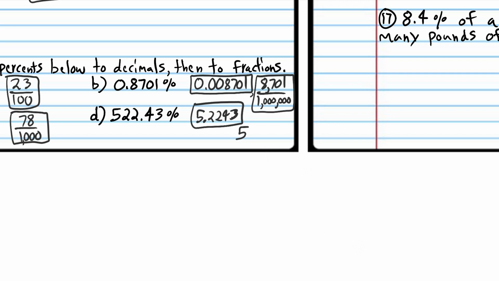And then we have to look at the number farthest to the right in the numbers to the right of the decimal, and that's 3. Now we have to ask ourselves, what place is the 3 in? The 3 is in the tenths, hundredths, thousandths, 10,000ths place, so it's going to be 2,243 over 10,000. So if you got that answer, good job.